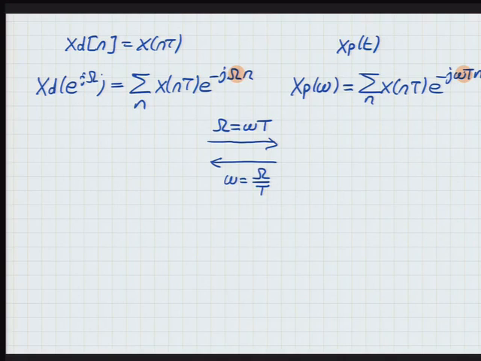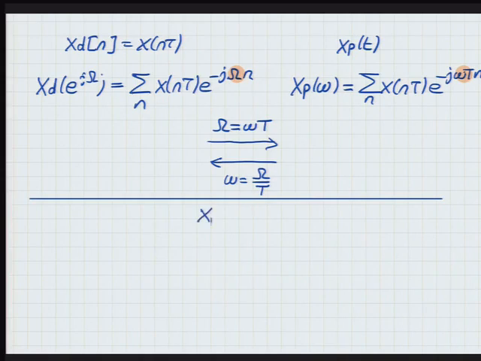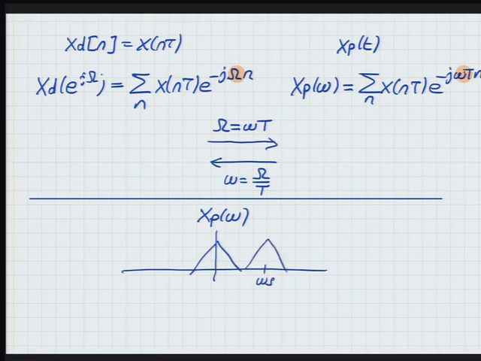The second observation is what we already saw in the first half, which is that when we look at the Fourier transform of xp, that consists of x itself and its copies, except for a factor of 1 over T, at multiples of omega s.